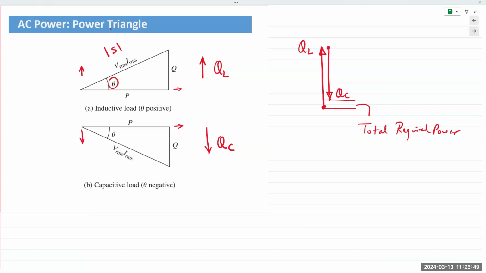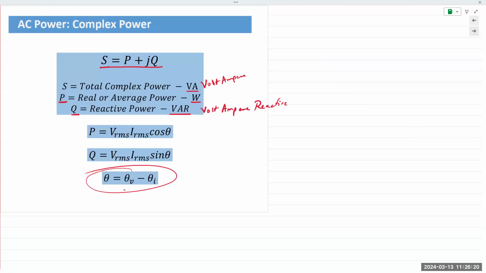The magnitude of S is VRMS times IRMS. And the angle is the power angle theta, which is the difference in the phase angles of the voltage and the current.